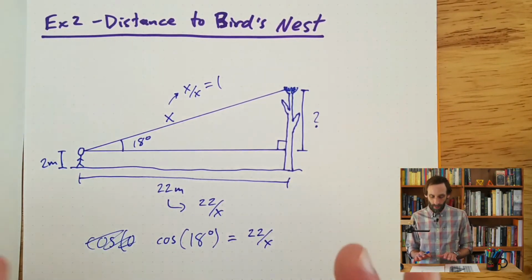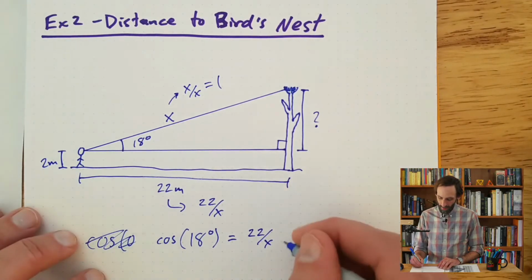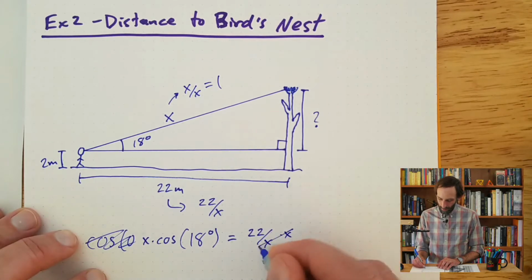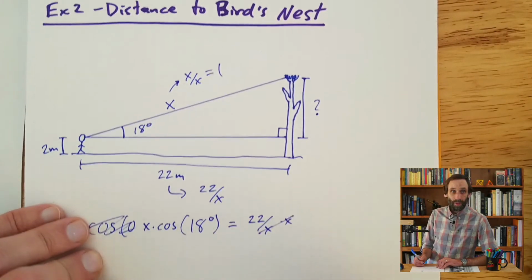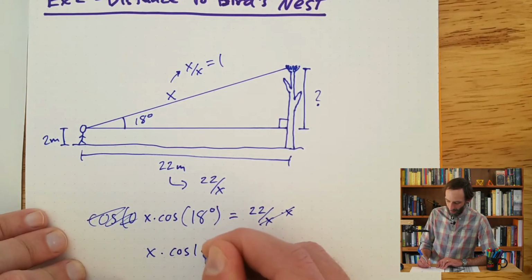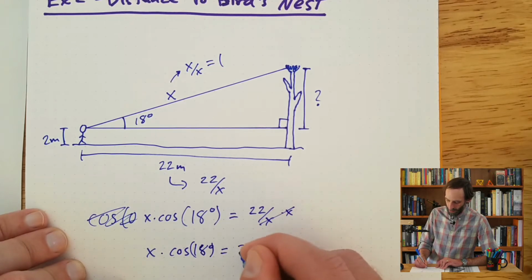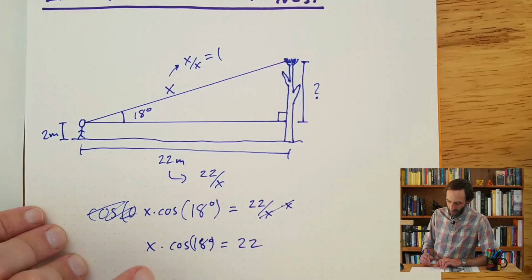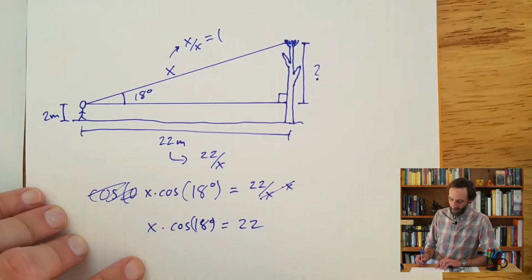Now, in order to find out what x is, I would need to multiply both sides by x. Okay, well, these cancel out, and I get that x times the cosine of 18 degrees is equal to 22. Now, in order to solve for x, I would divide both sides by the cosine of 18 degrees.